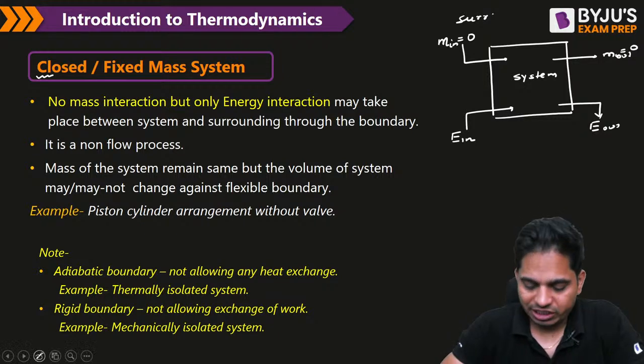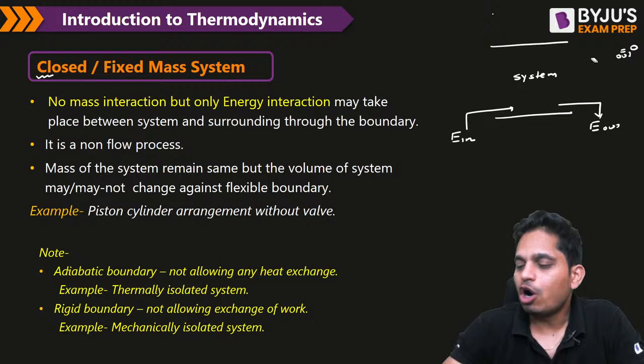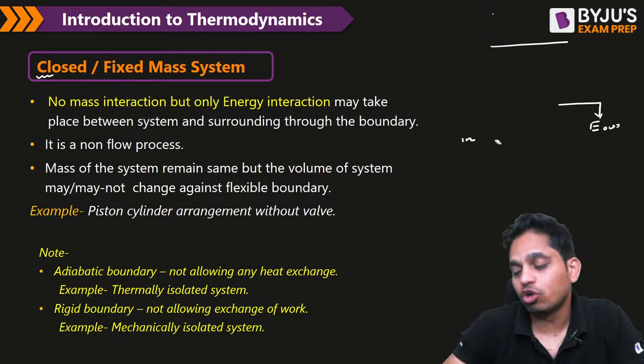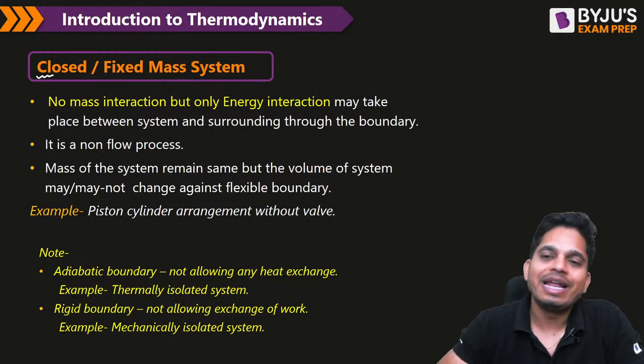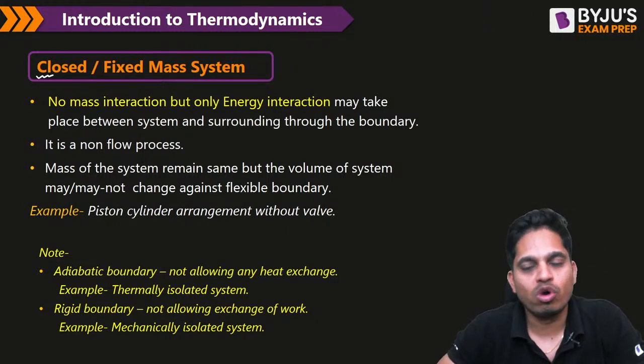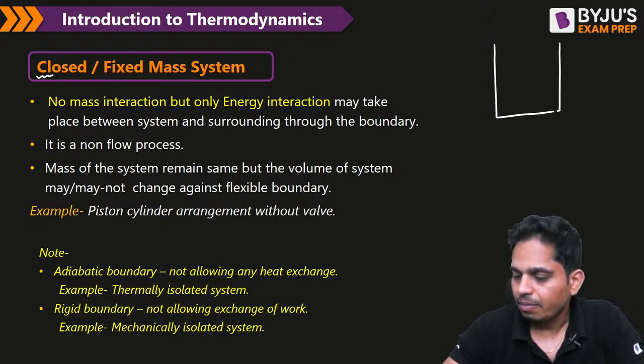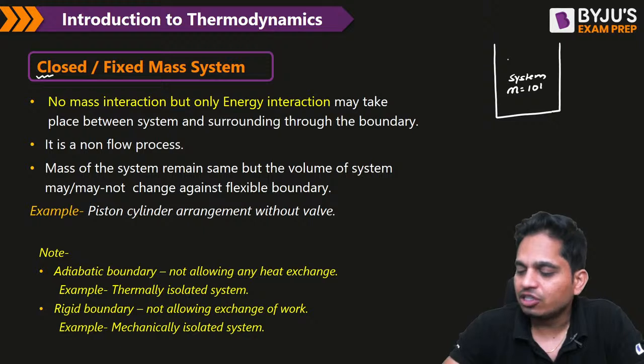Let us try to understand it one more time. A lot of students will say, sir, if you are not allowing any mass transfer, then how can the system have mass? So just assume the case of your pressure cooker. This is your system. Now I have filled some mass in this, let us say 10 kg, and then I have closed it.